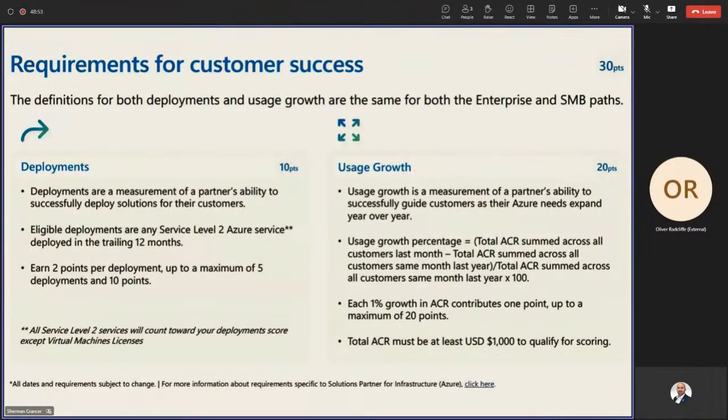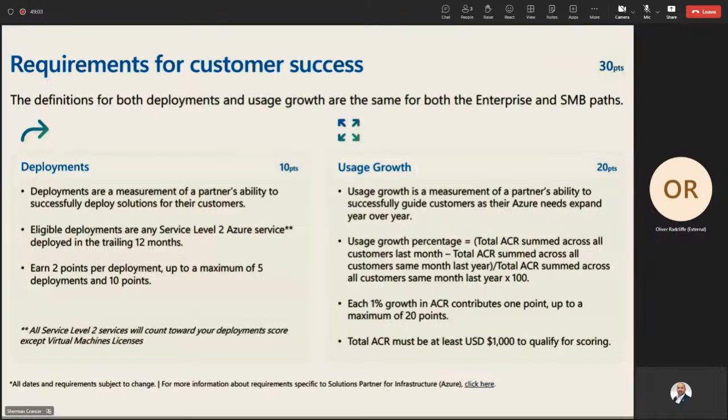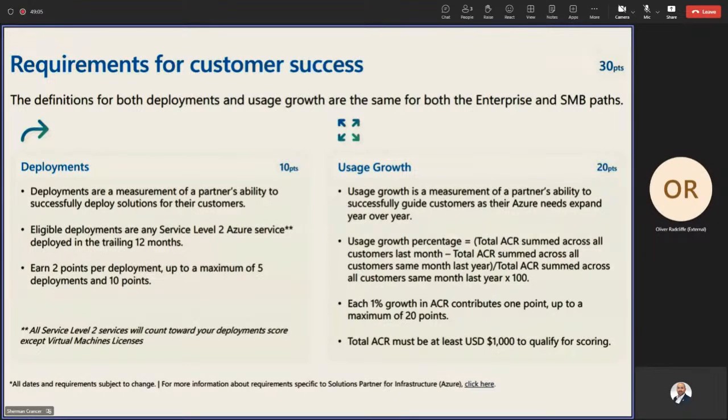Now, usage growth. This is the difference. There's a lot of communications that have come out from Microsoft saying that for usage growth, you have to have 20% ACR growth year over year, right? But that's a misnomer. What they're looking for is just growth. So for every percentage point you get in growth, you get 1 point towards your ACR growth. So some of our smaller partners, maybe they're looking at 10% or 11% or 12%, right?